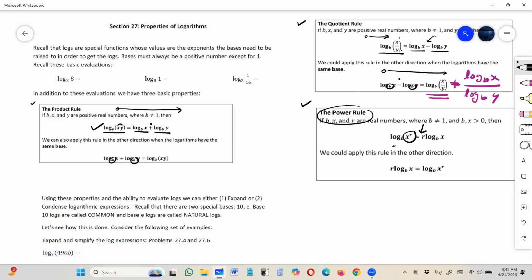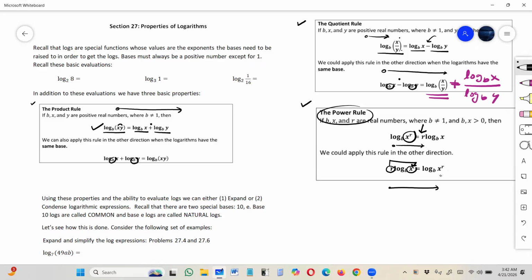Okay, so this is going again from left to right. And if I go in the opposite direction, any number multiplying the log goes and becomes the exponent of the variable or number you're trying to take the log of.